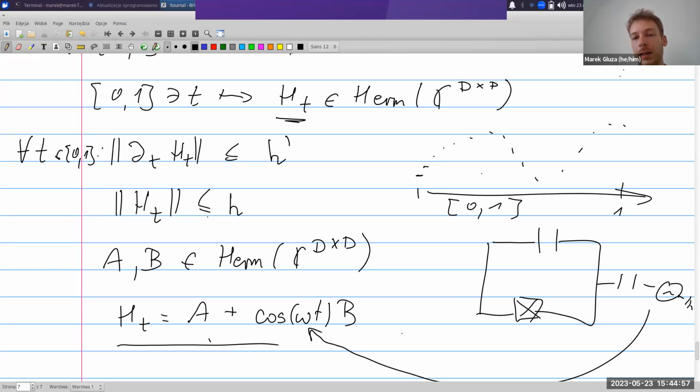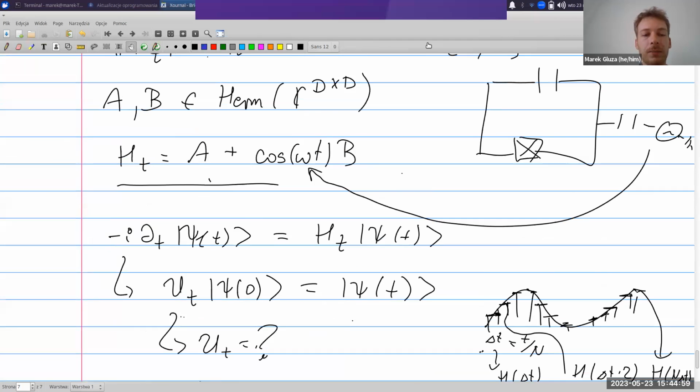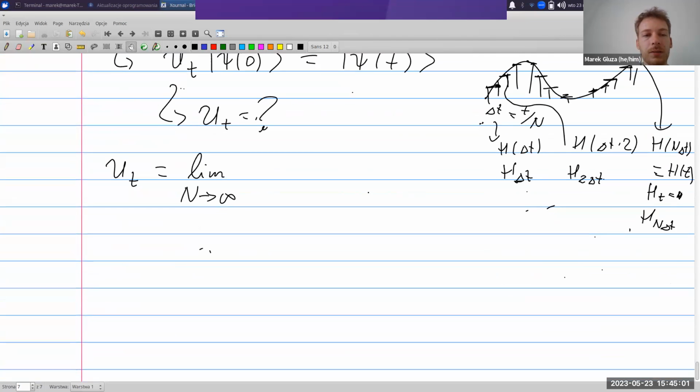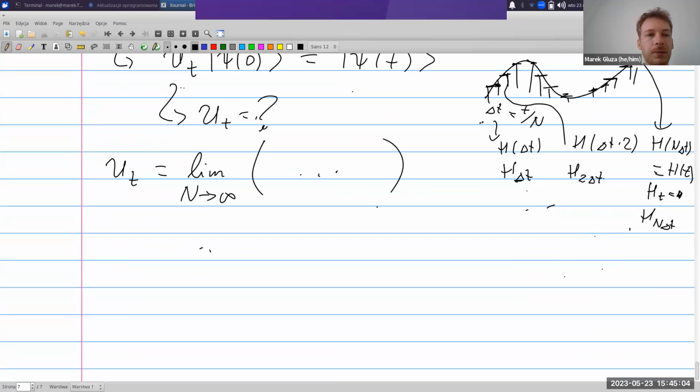And then I just say I get a different type of evolution. So I will fill in this limit in a moment. I will motivate why this works. So I will consider a different type of evolution. Psi tilde of t is solving the Schrödinger equation, where I have a piecewise constant Hamiltonian.